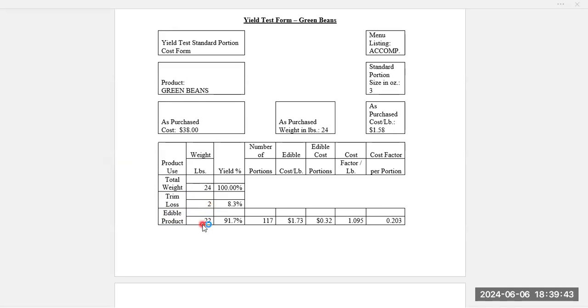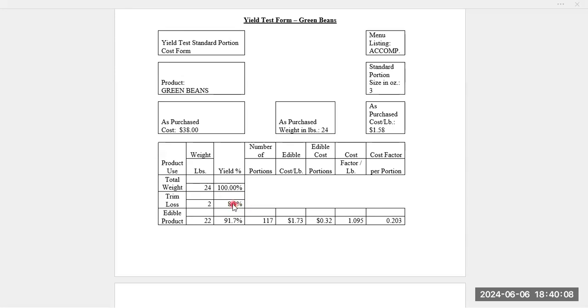So my edible portion now is going to be 22 pounds. Watch me. My trim loss is 8.3%. Anybody know how we get 8.3%? Sir, because you minus the loss from the total weight, sir.